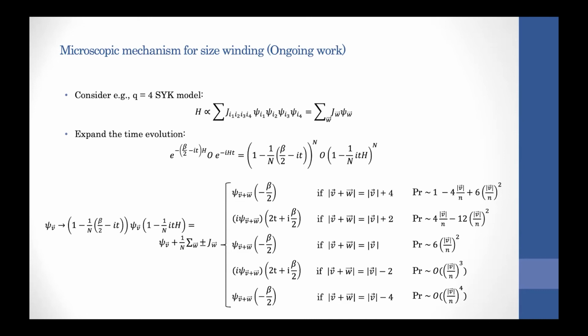So the way that this operator grows is that you see that it still has a factor of psi v, the original fermion, but you have extra terms. And these are the terms that show how your operator really grows, and how, when you multiply terms of your SYK Hamiltonian to your simple operator, you get new and newer terms.